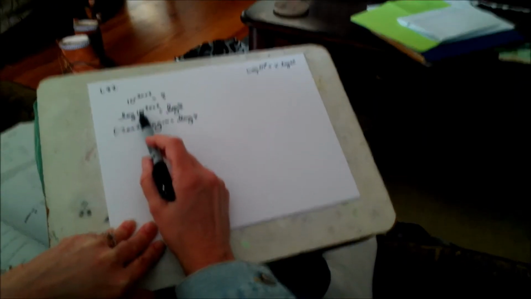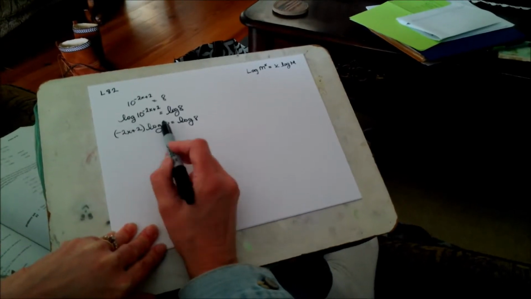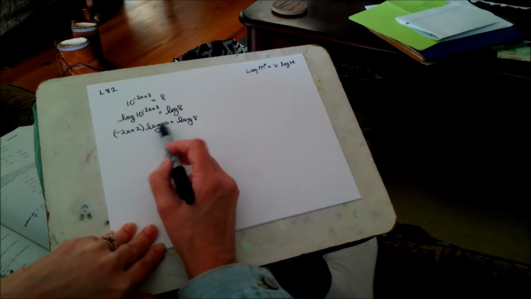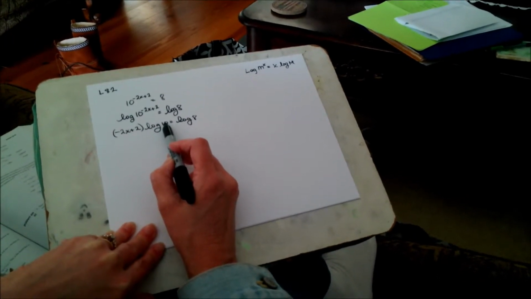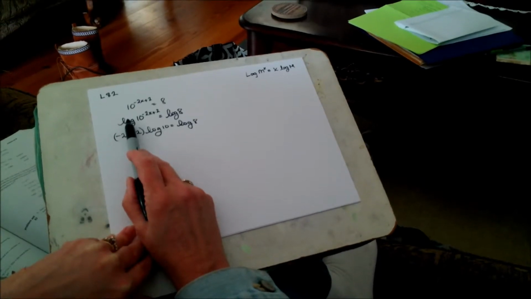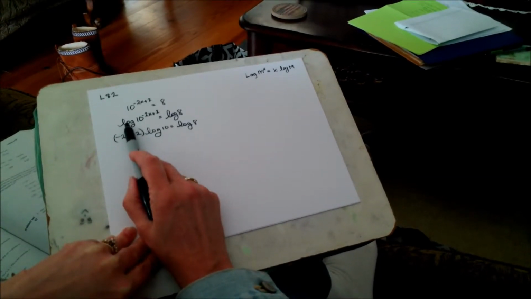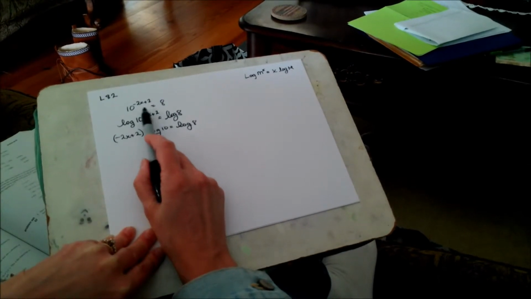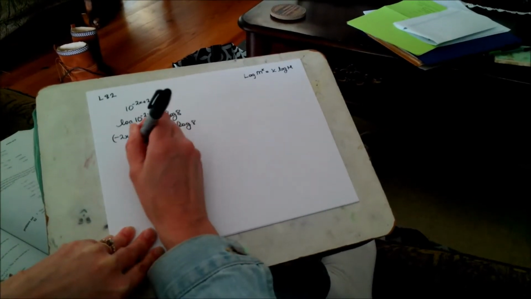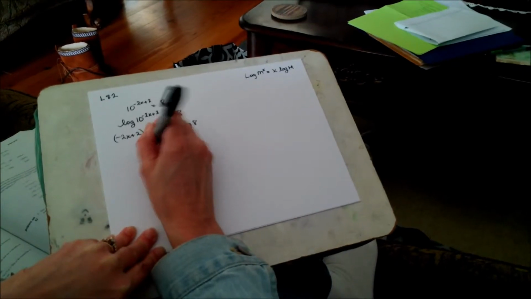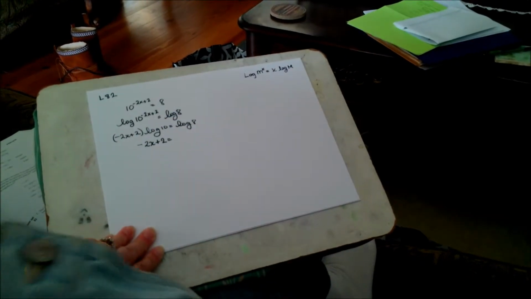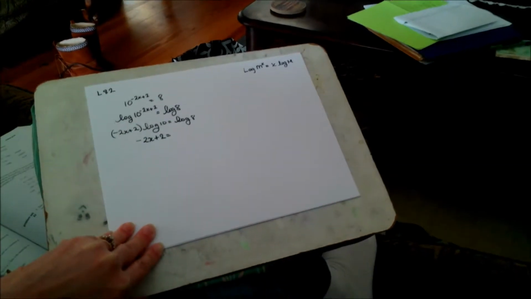And this one's even simpler because the log of 10 is simply 1. It says, what am I raising the base 10 to get 10? And that's 1. So at this point, we could have said log base 10 of 10 raised to this power is just that power. So we're left with just the negative 2x plus the 2 on this left-hand side.